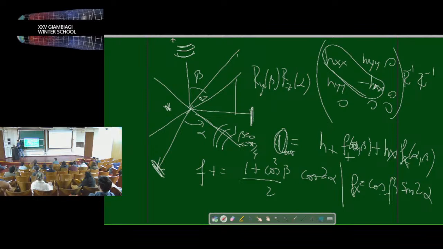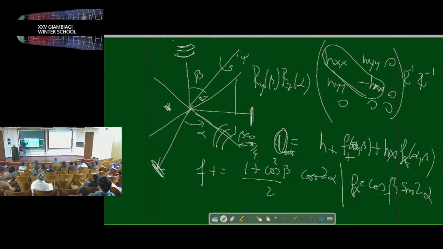By the way, when you relate two frames, you usually should think about 3 angles. There are 3 angles that relate one frame, like the frame of arrival of the wave, to the frame of the detector. There is a third angle that affects the response of the detector, which is the polarization angle, usually indicated with psi.